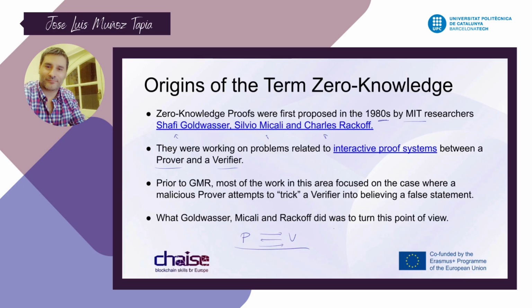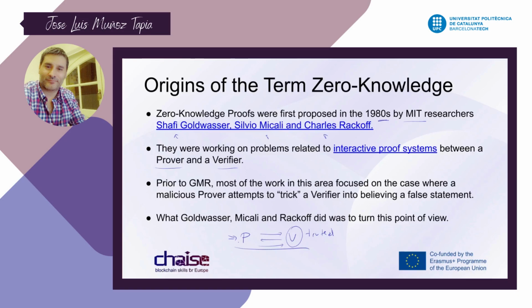If I ask here in this scheme, which is the entity that you trust, probably all of you will answer the verifier. The verifier is trusted, and the prover is potentially malicious. The prover is trying to prove something. Maybe he's trying to cheat us and prove something that is false or fake.